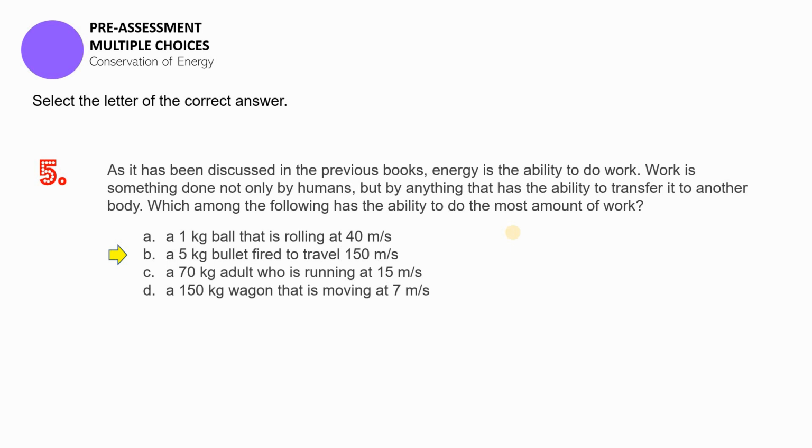In this pre-assessment, you're going to know if you are quite knowledgeable about the new topic. If you got a high score, that means you're going to do great in this book. But if you got a lower mark, maybe you want to focus more on the next parts of this video lesson.